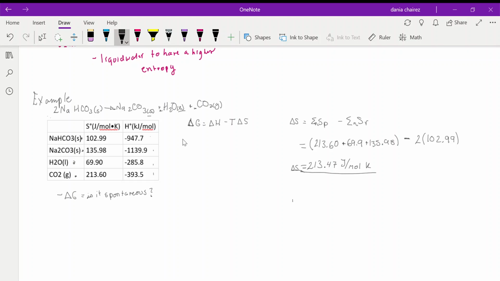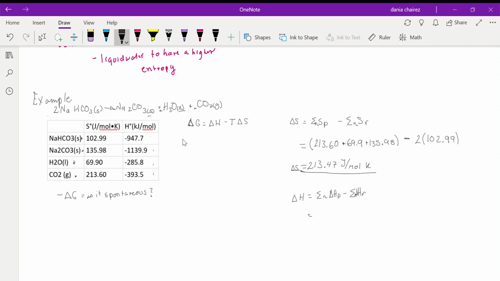So then the next thing we're going to solve for is our delta H. This is at room temperature, by the way, which is 25 degrees Celsius. So we do the same thing, which is the sum of our delta H products minus the sum of our delta H reactants.